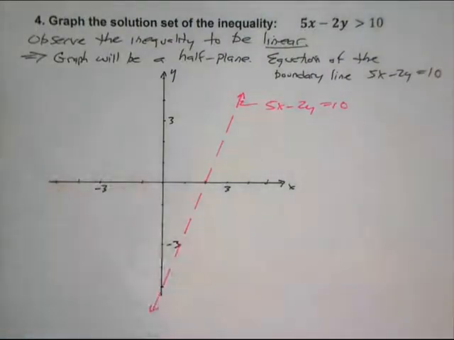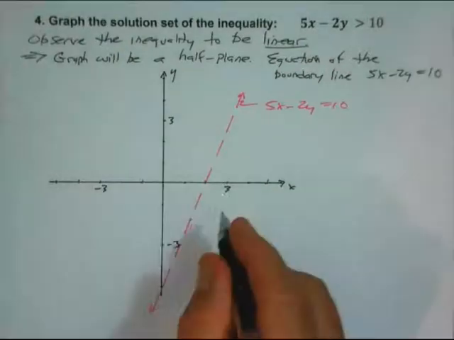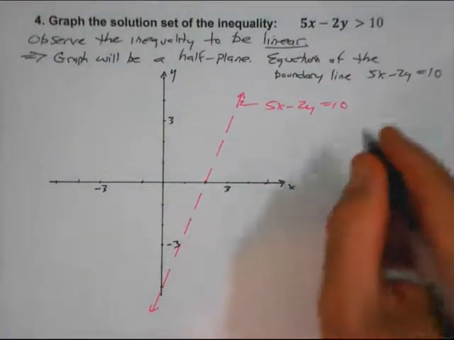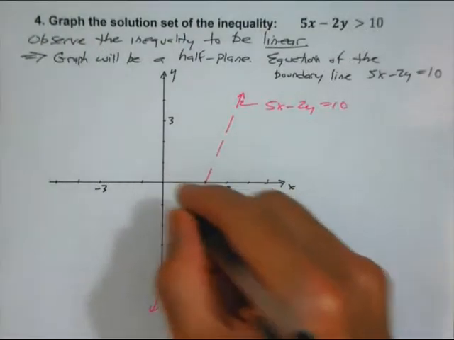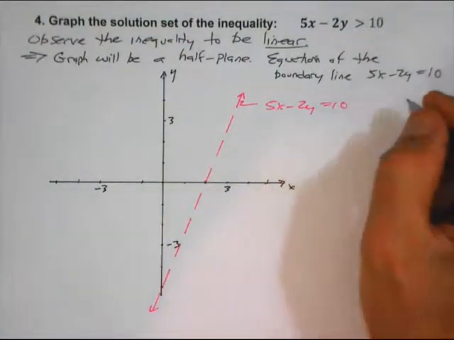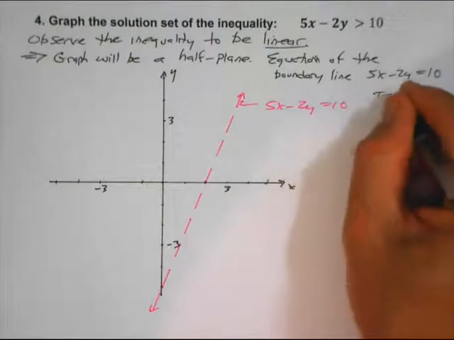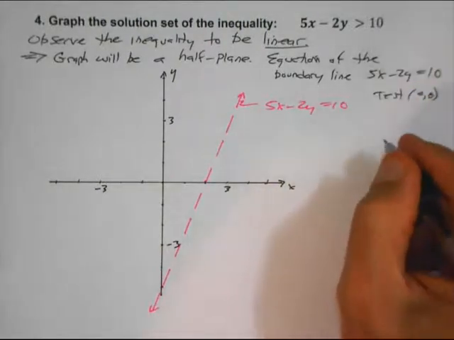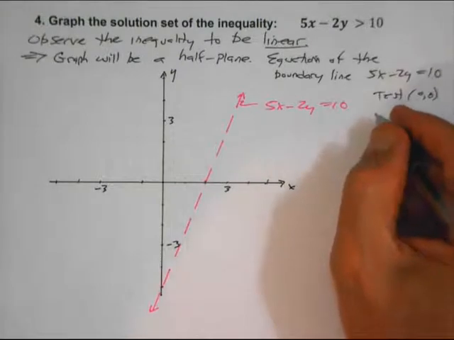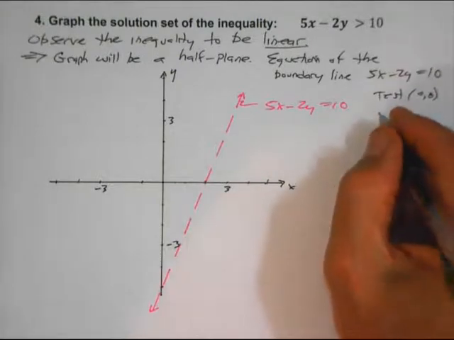Now, which side of the line do we shade? We know it's a half plane. Which side shall we shade? One way, in this case, is to use a test point, and 0, 0 is very simple. So we can test 0, 0. Put it into the original inequality, and see if it makes a true statement or a false statement.